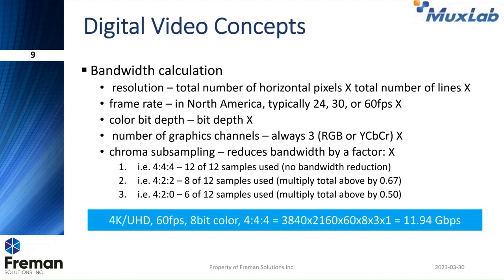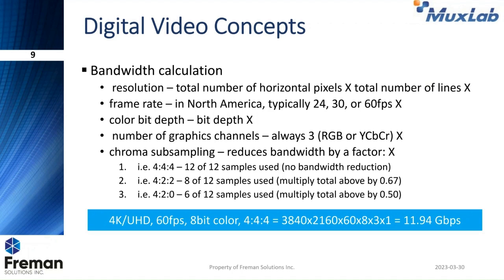Then besides sending that image for so many frames per second, how many bits am I going to use to communicate to the device the color that is contained in each one of those pixels? And that's called the color bit depth. When we had high definition, we used 8-bit color. With 4K, we introduced 10-bit color, 12, 16-bit color.